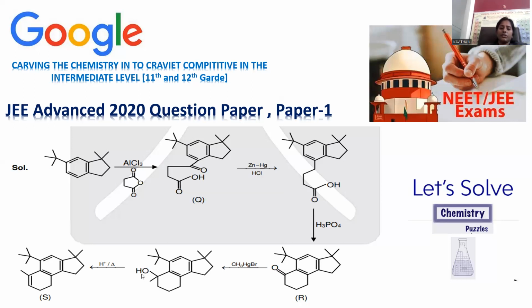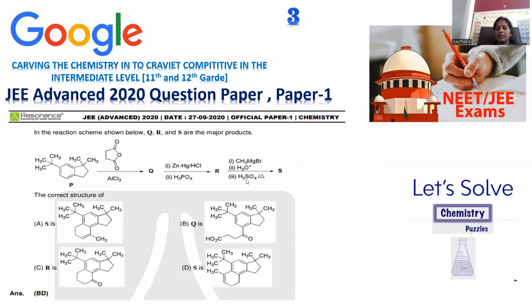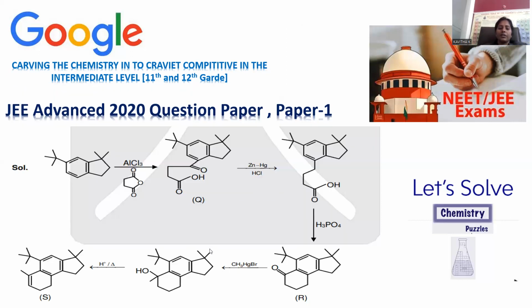A 2-degree hydroxy will be generated. If this 2-degree hydroxy is present, I'm going to add one more reagent called acid, that is sulfuric acid. They specifically mention over here sulfuric acid under warm conditions. Sulfuric acid is very specific for dehydration, no? So let me remove water from the adjacent positions.